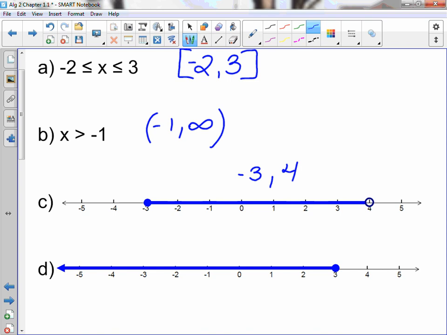So -3 comma 4. What would be our parentheses or brackets on this? So bracket -3 comma 4 parentheses.